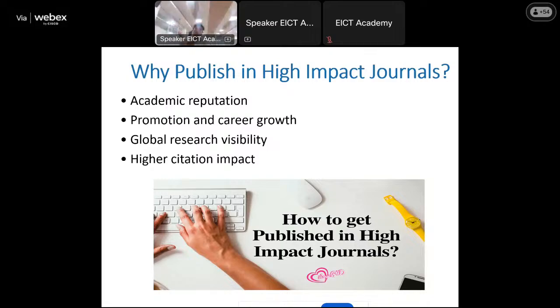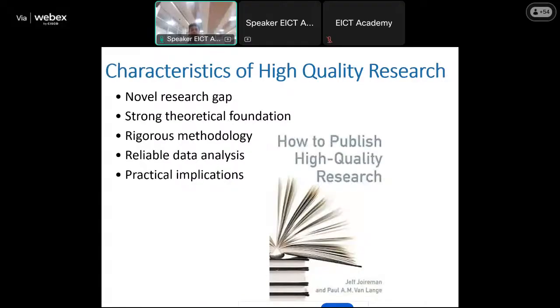High impact factor journal, definitely one of the indicators you can choose, that will enhance your academic reputation. Of course, the promotional and career growth. If you are a PhD student, then your PhD completion could be easy if your article is being published in a good high impact factor journal, your global research visibility is there, and there is a high citation impact of publishing an article into a high impact journal.